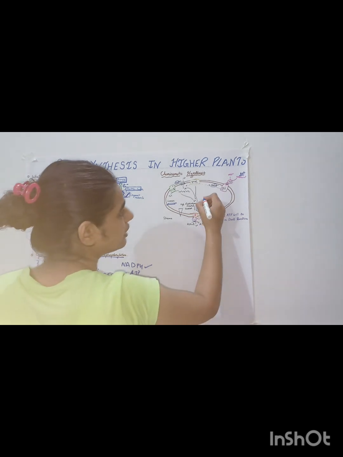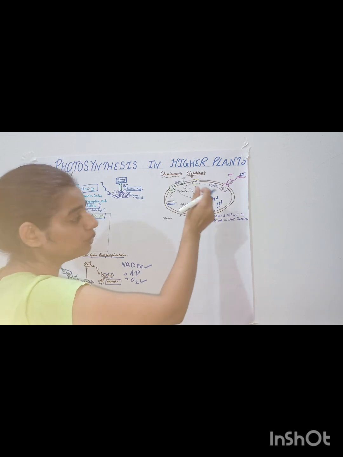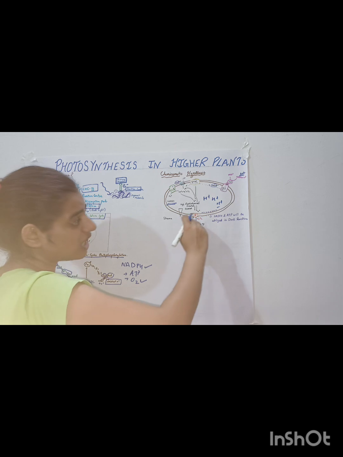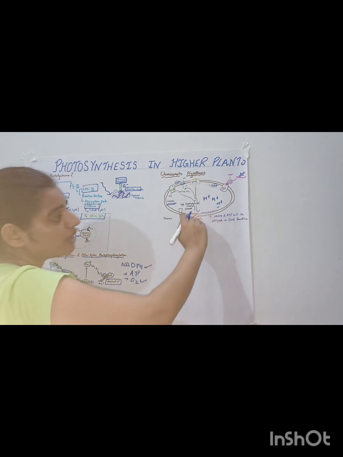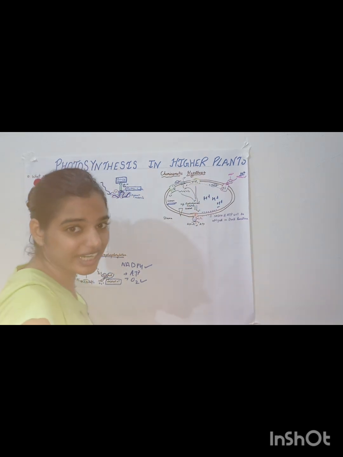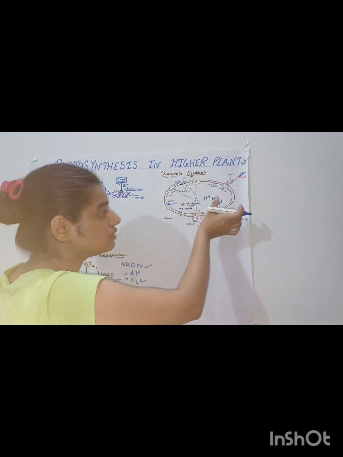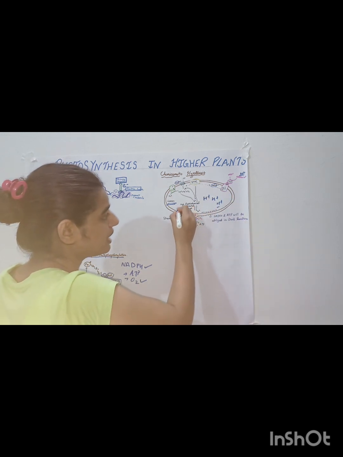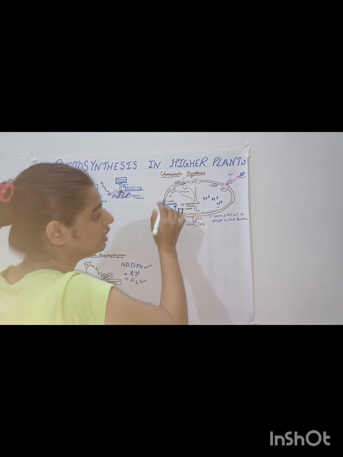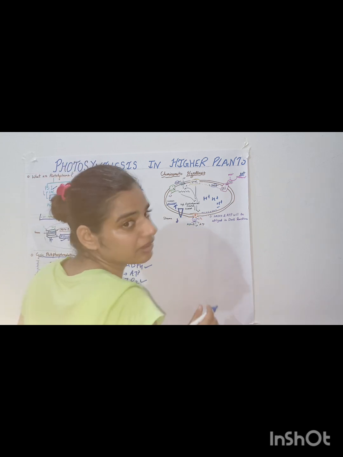As a high concentration of protons is present in the lumen, this leads to the generation of a positive charge on the inner side of the membrane and a negative charge outside the membrane, due to the difference in the hydrogen ion concentration. So we can see from here, the concentration is low in the stroma and high in the lumen. Now we will learn about ATP synthetase.